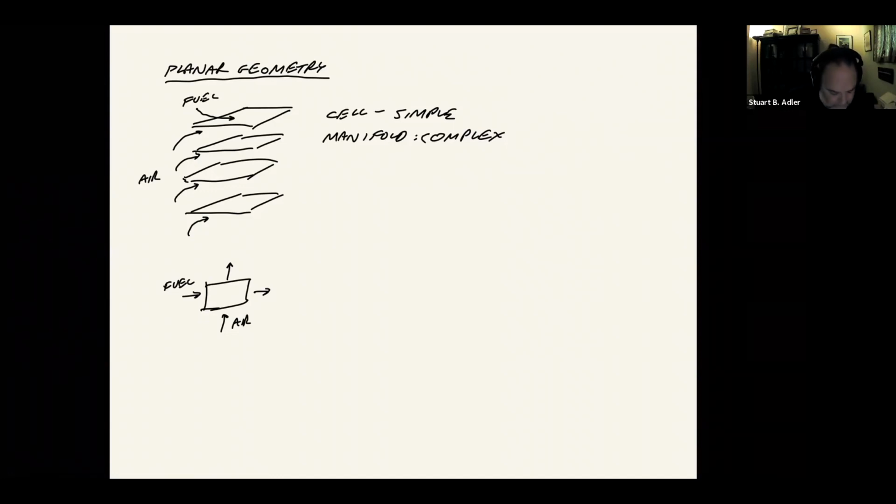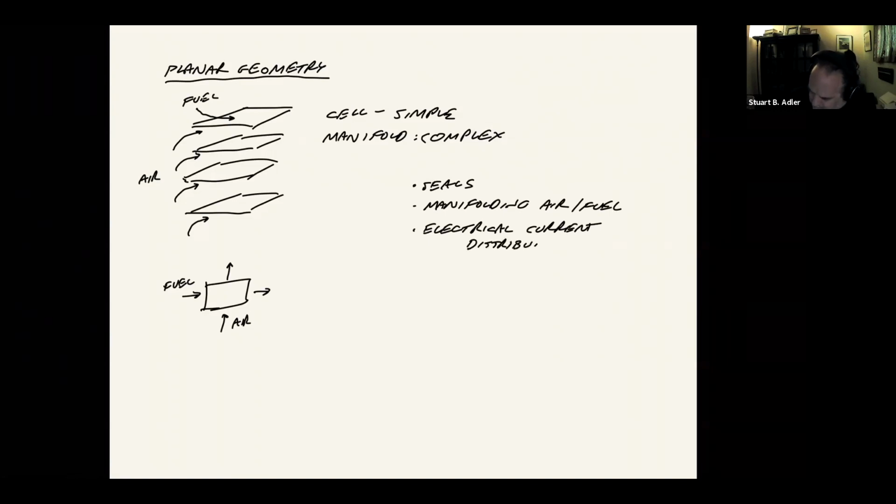So we've got all kinds of things, right? Seals. The manifolding of the air and fuel. We have electrical distribution. And the problem there is most of these electrodes are super thin.